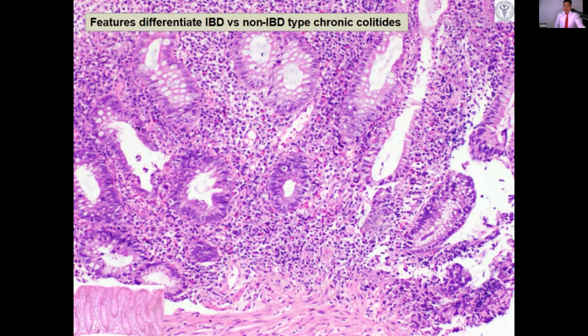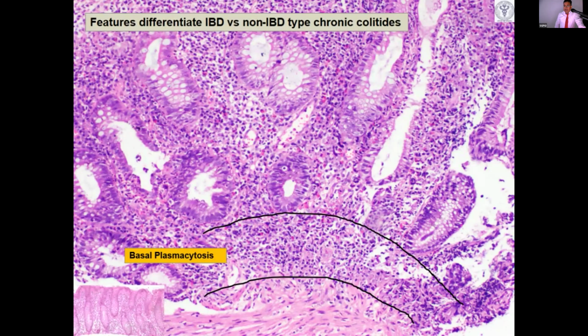But one of the most important features that pathology stresses is the presence of basal plasmacytosis, which is defined by either a band of plasma cells below the shortened crypts, or at least 5 clusters of plasma cells below each crypt. At least 2 of these clusters should be there to call it basal plasmacytosis.